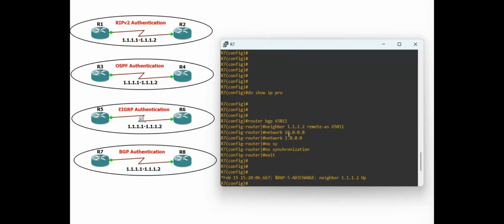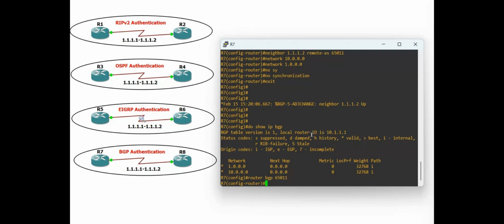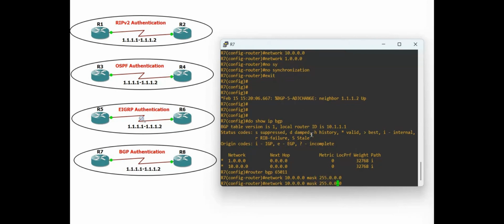Okay, so let me advertise this with the mask. Router BGP 65011 and the network 20.0.0.0 and the mask is 255.0.0.0, network 10.0.0.0 and the mask is 255.0.0.0, network 1.0.0.0.